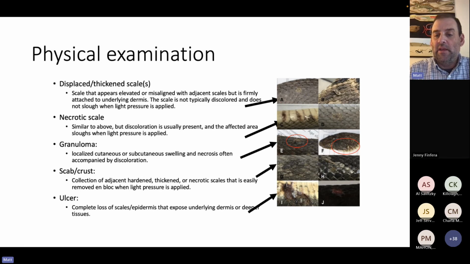All of this tends to lead, when the dead things fall off or when these granulomas rupture, to these ulcers. You see this red tissue underneath, that's muscle. Here it's starting to scab over, but there's a definite gap or a defect that's causing this ulcer. So they can look a lot of different ways.